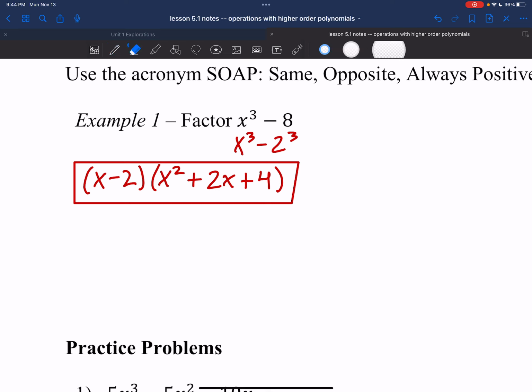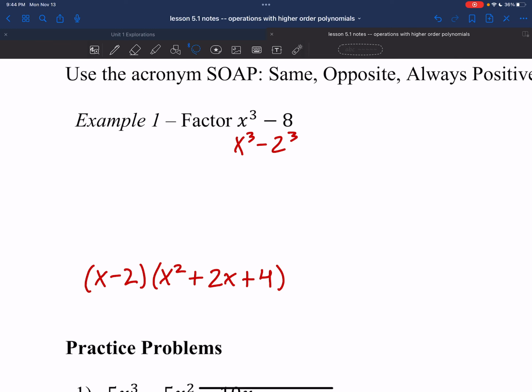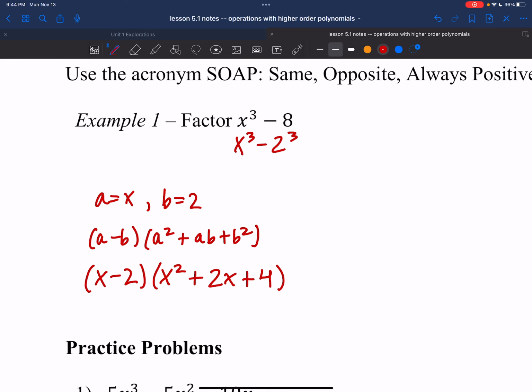Okay? So maybe what I'll do here to make this a little bit clearer is this is a minus b, a squared plus ab plus b squared, where a equals x and b equals 2.